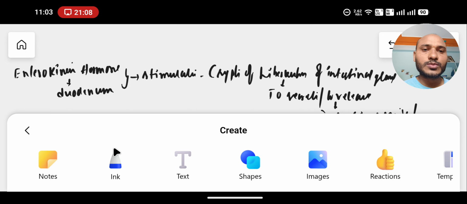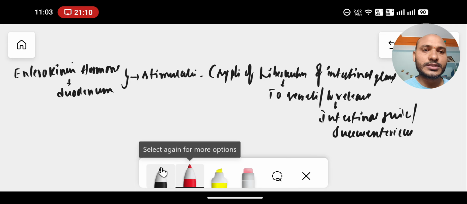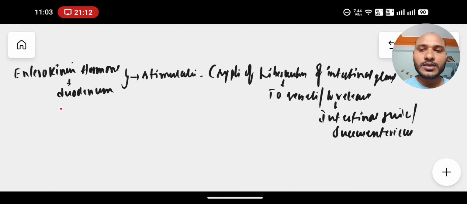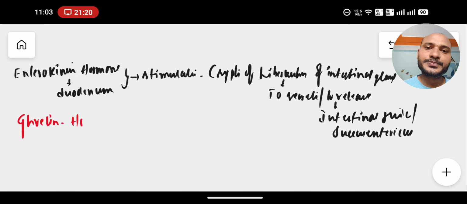And one more hormone we need to discuss is the ghrelin hormone. The ghrelin hormone source is the stomach. It is also called the hunger hormone.